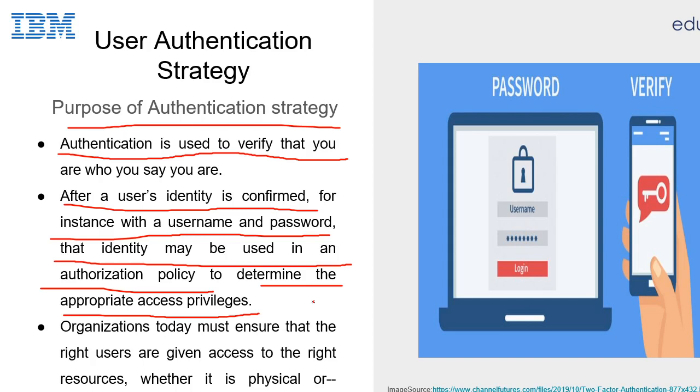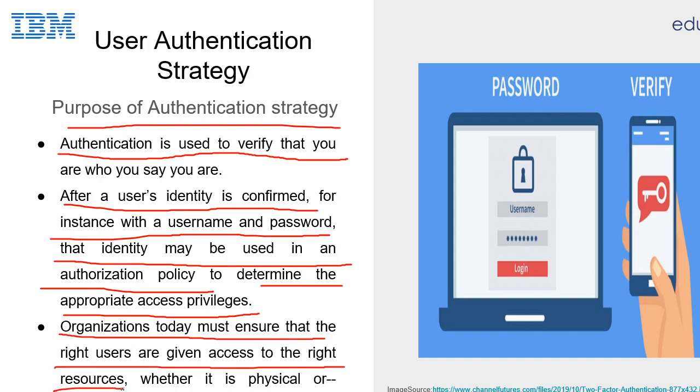For example, when a user logs into an account, they will have proper access privileges. If a user logs in as an admin, different access privileges will be provided for admins. And organizations today must ensure that the right users are given access to the right resources.